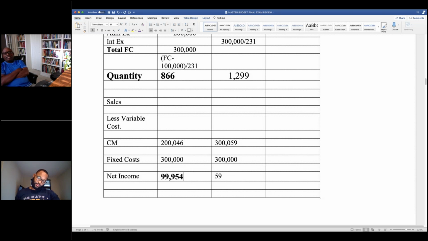Brady, what are we going to do with the 866? Bring it down to the cash budget, right? Oh, Brady, that's a quantity.